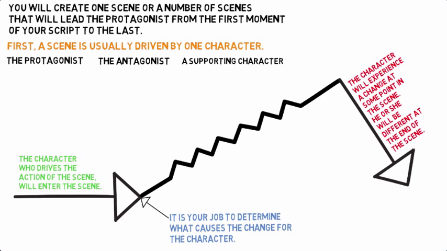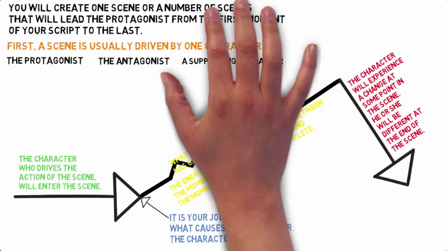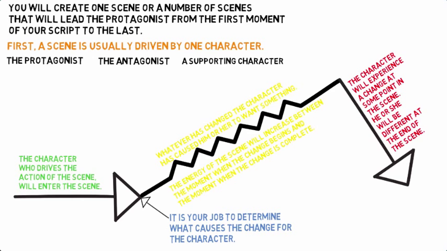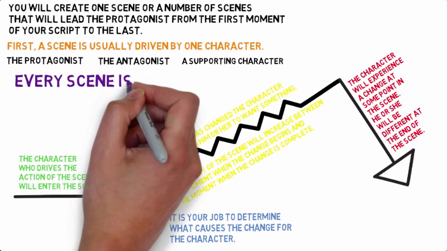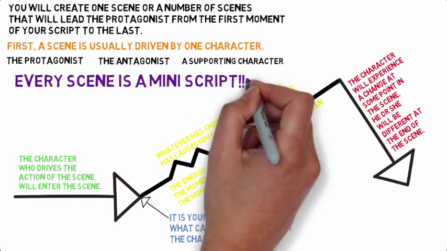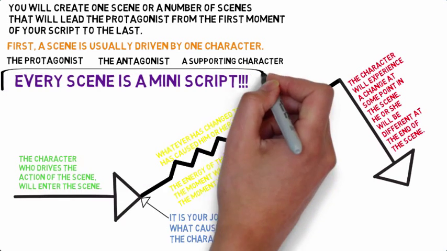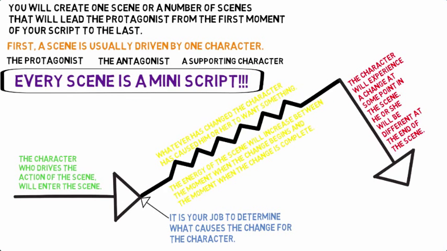It is your job to determine what causes the change for the character. Now, the energy of the scene will increase between the moment when the change begins and the moment when the change is complete. Whatever has changed, the character has caused him or her to want something. And every scene is a mini script, just like this, a character trying to get what he or she wants.